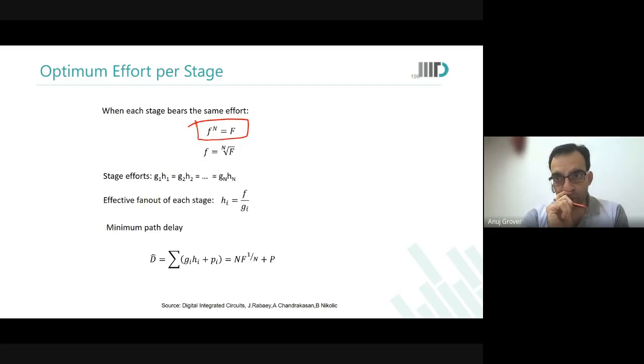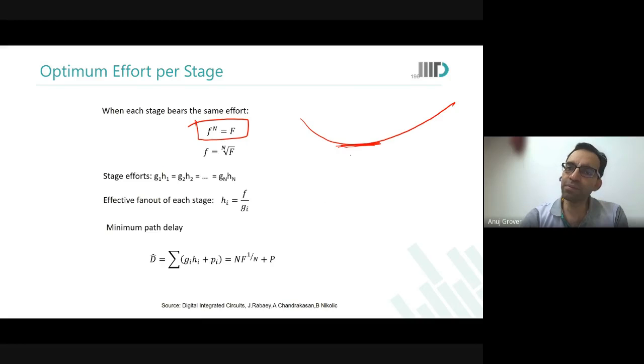If you have done a course on optimization, or seen any optimization problem being solved, you will realize that if there are multiple stages that have to be cascaded, then there is a sweet spot, an optimal point at which the delay, the energy, the power, or whatever parameter you are optimizing for is minimum.